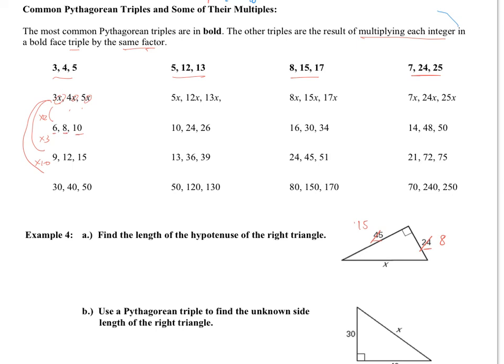So if we look at your common Pythagorean triples, 8, 15, 17. So x should be 17 times, because we divided by a GCF of 3, I have to multiply by 3 back, so that makes 51. So x here is 51.